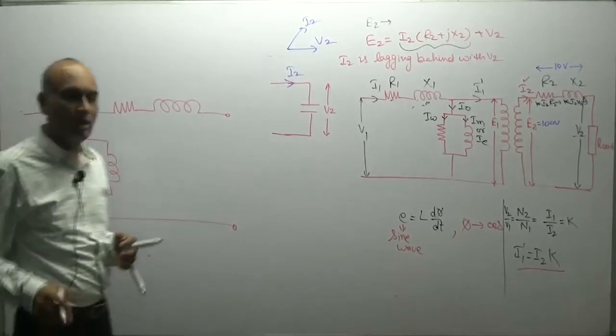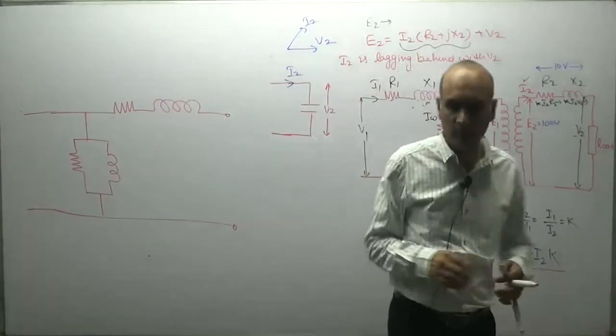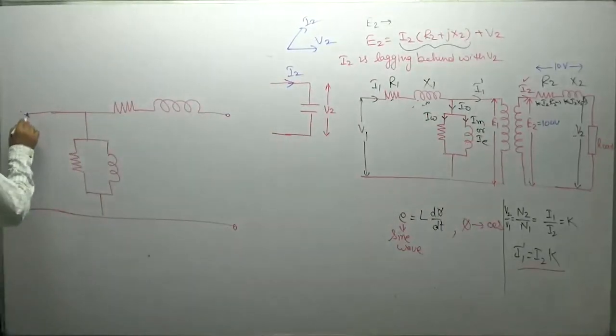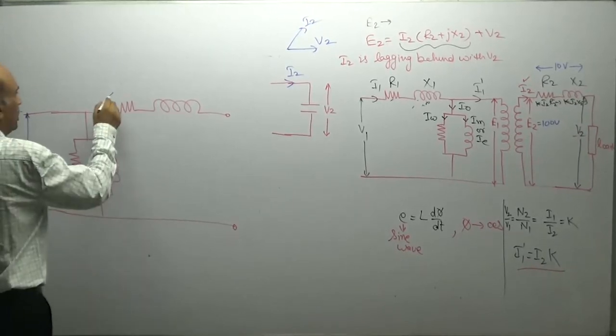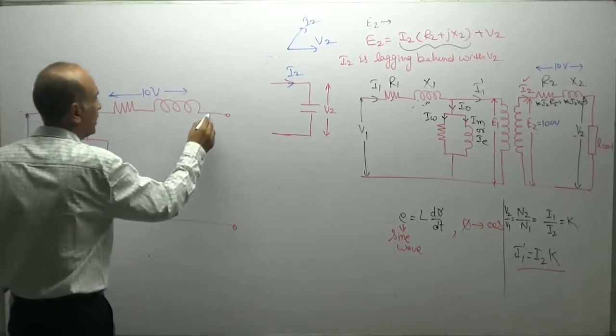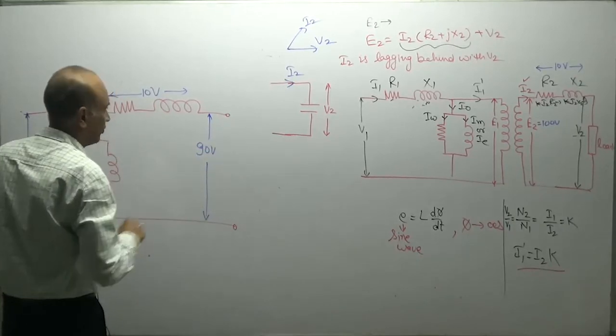So it is the approximate equivalent circuit of transformer. Suppose applied voltage is 100 volt. There is a voltage drop of 10 volt. How much will be the voltage here? Here is the load.